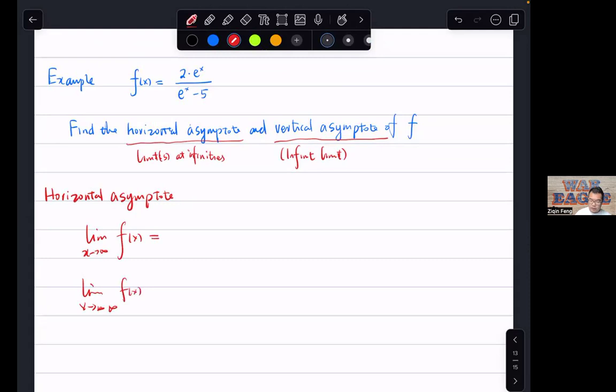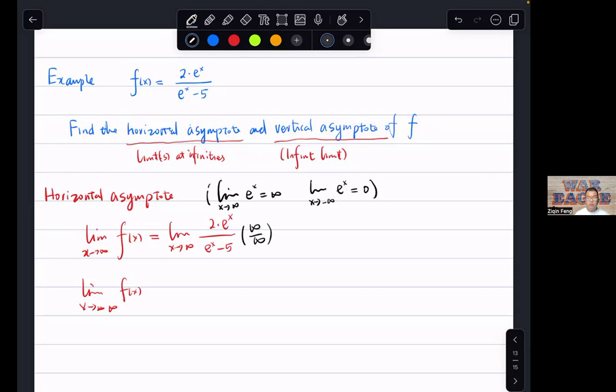By our discussion before, we know that as x goes to infinity, e to x is infinity. As x goes to negative infinity, e to x is 0. That's an elementary fact we know. So the first limit is basically infinity over infinity.